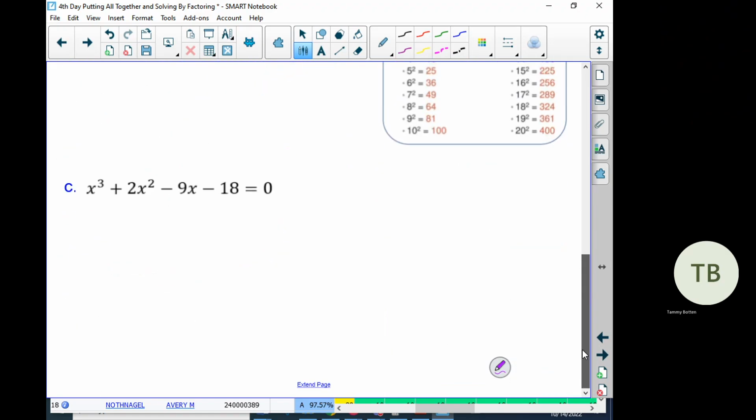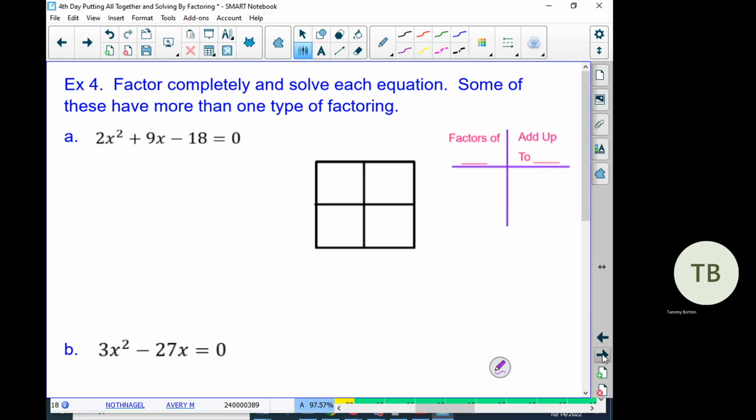So let's see. Let's do one like this. So this one here, we have a 2x squared. We have -18, okay? And remember, when you have that 2 in front, you have to multiply those two to decide what your factors are.